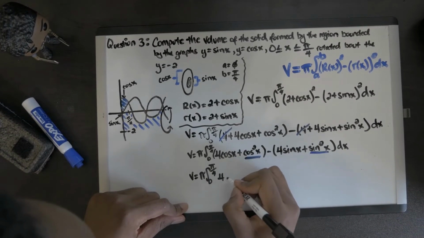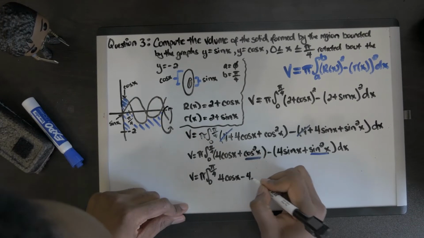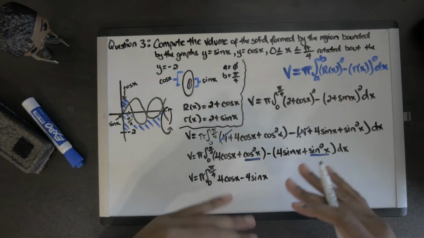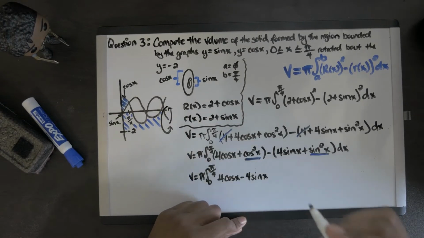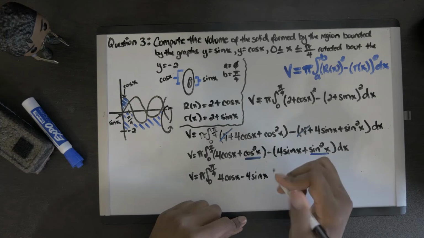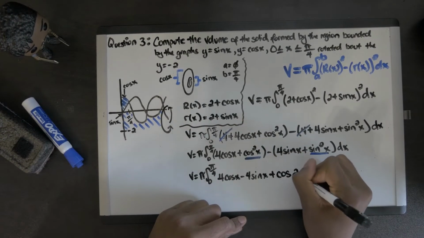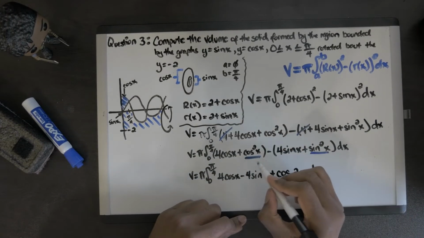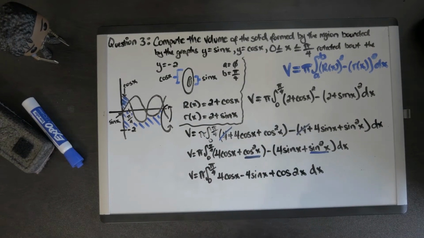Now we have 4 cosine x minus 4 sine x, and then a positive cosine 2x, and then again dx. This is a formula that we find out in previous classes, so we can apply that to this aspect.